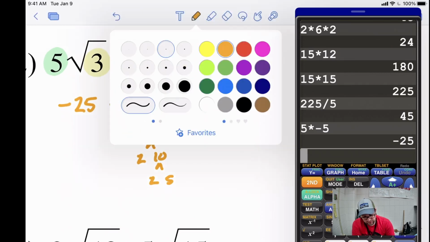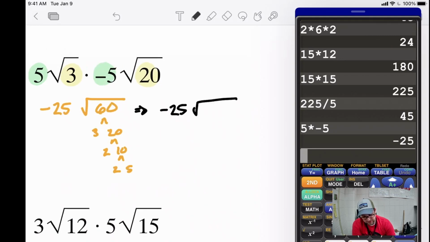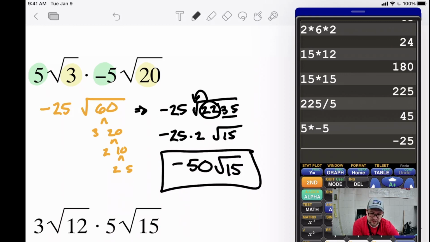So I can really come over here and rewrite this as negative 25 square roots of 2, 2, 3, 5. 2 and 2, I can pull that out. 2 for 1 special, so I'm going to have 25 times 2 on the outside. And then 3 times 5 will give us a 15 on the inside. 2 times negative 25 will give us a negative 50 square roots of 15. Nice job.